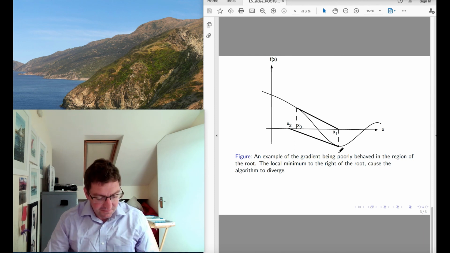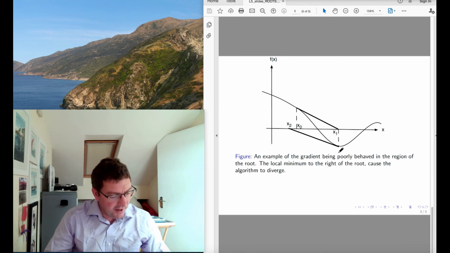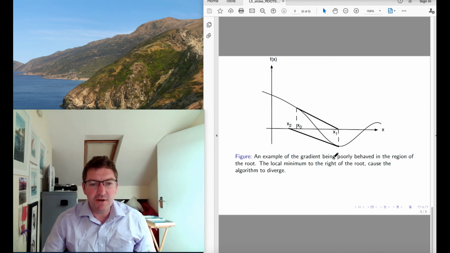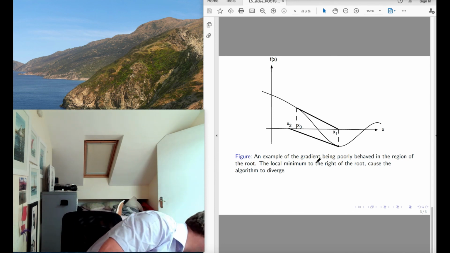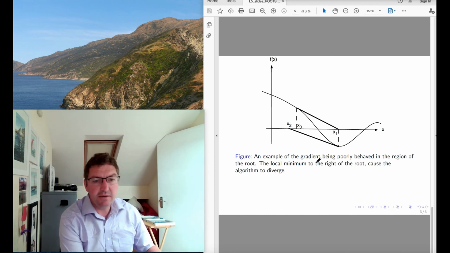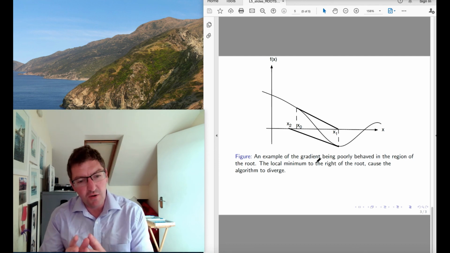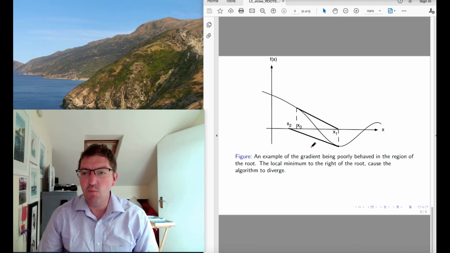Okay, so I normally try and do the videos at 20 minutes, but this is a very convenient place to stop. The next topic is the last topic in root finding, which is that all our methods so far are in one dimension.